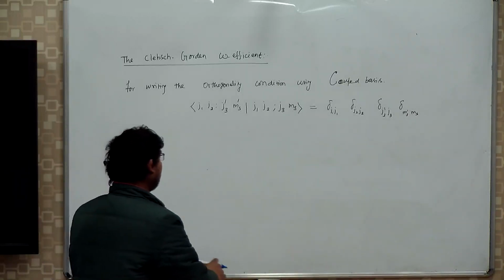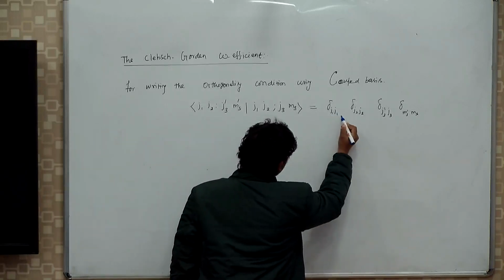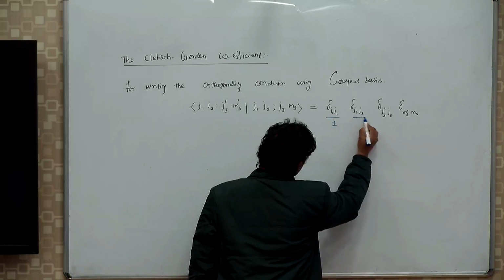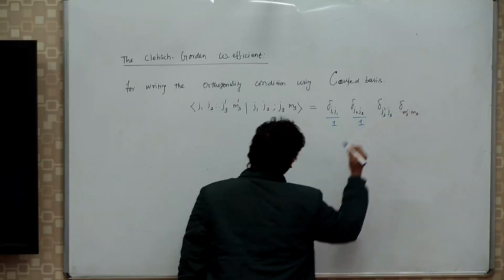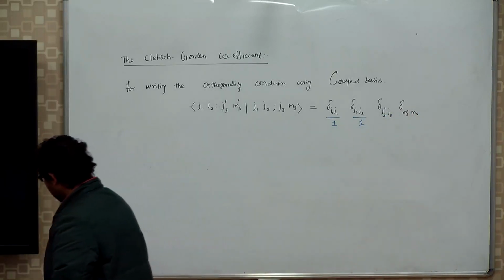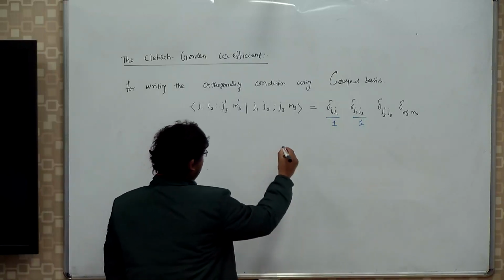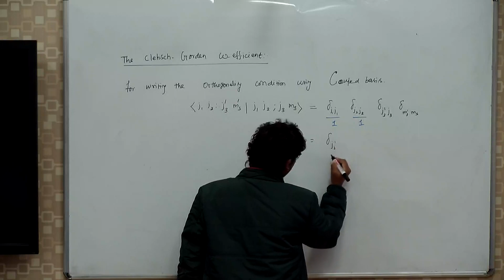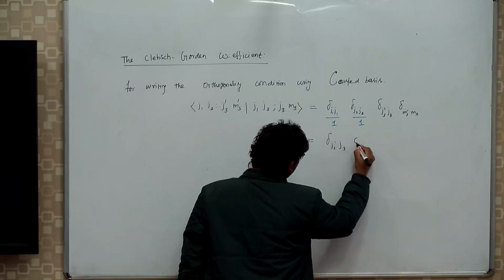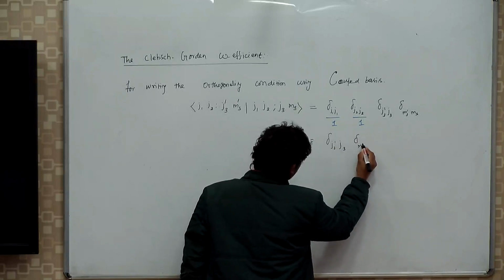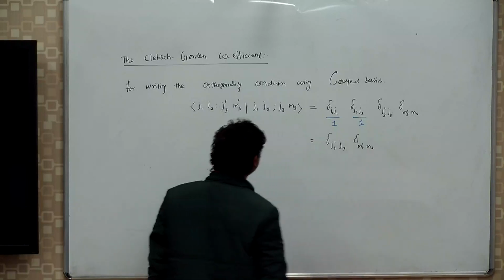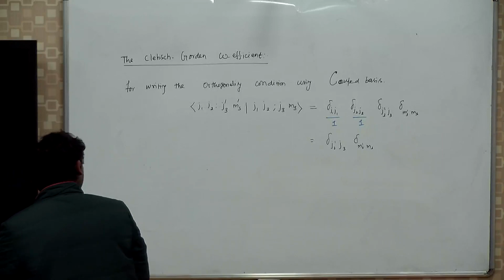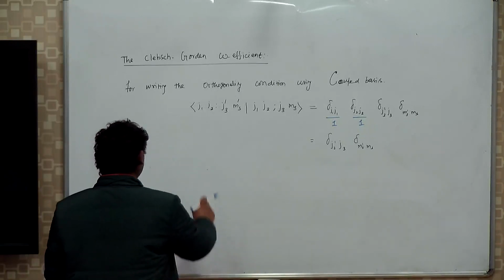The delta j1 j1 and delta j2 j2 terms will be 1. Further, we can write this as delta j3' j3 and delta m3' m3, which is nothing but this value.